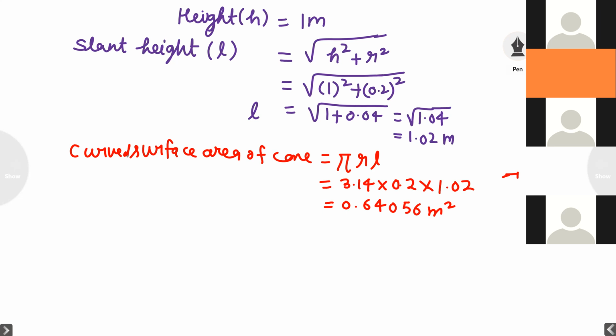Now we got the curved surface area of one cone, but the question he has given 50 hollow cones made of recycled cardboard. I want to find out curved surface area of 50 cones.